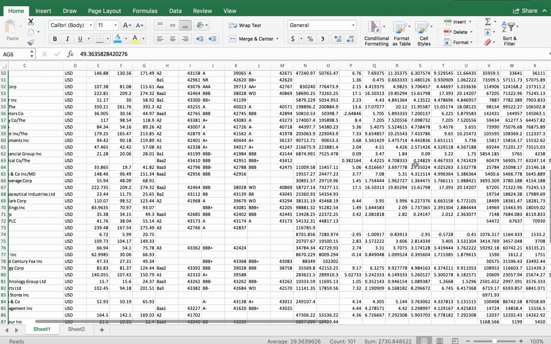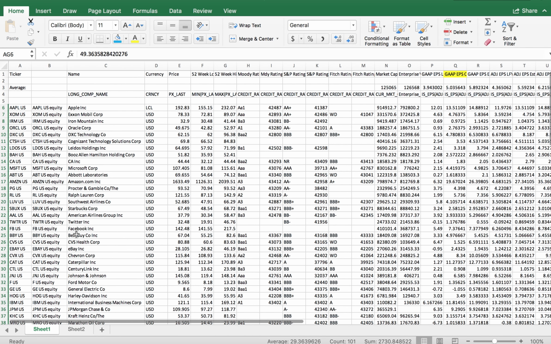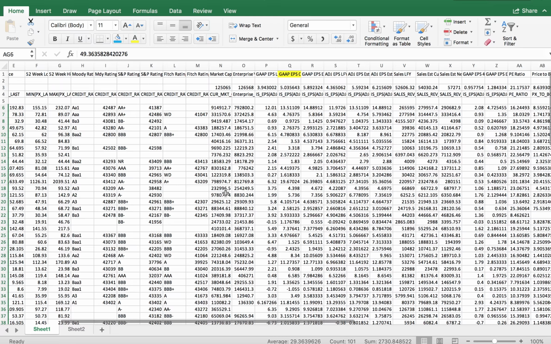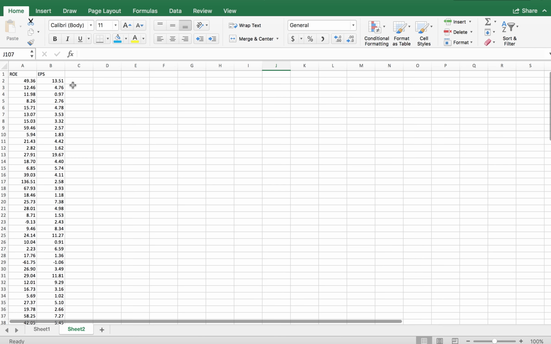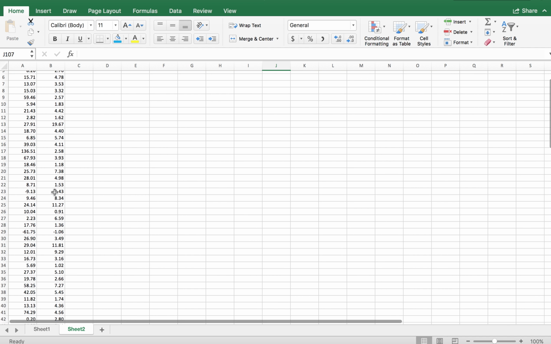And what we're going to do to test this hypothesis is run a regression where the ROE is going to be the independent variable or x-axis, and the earnings per share is going to be the dependent variable or y-axis. And to make this a little cleaner, I have moved these two columns to a new sheet.